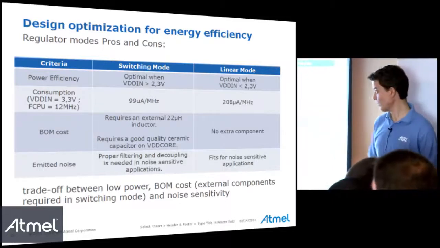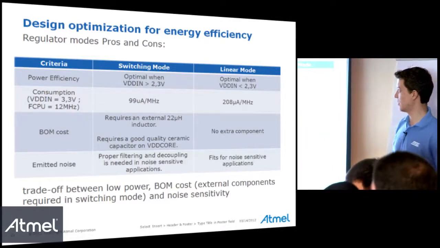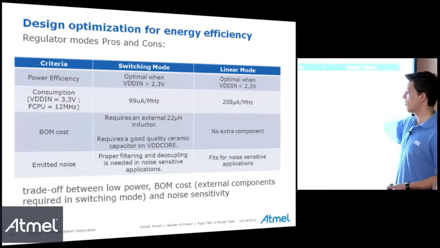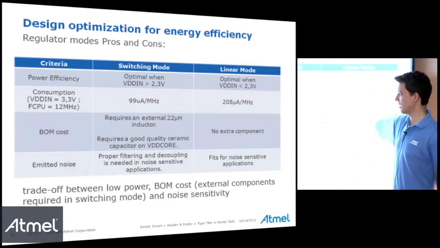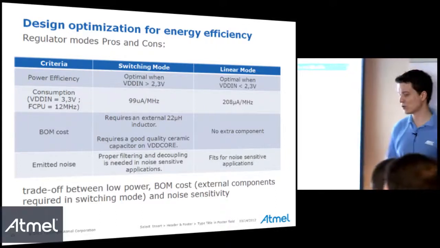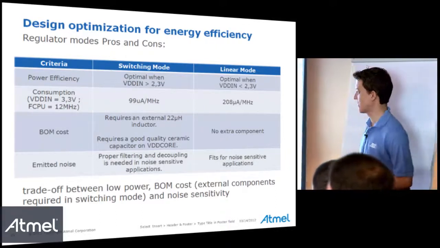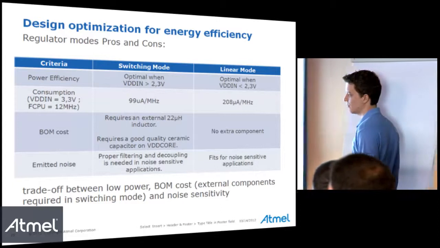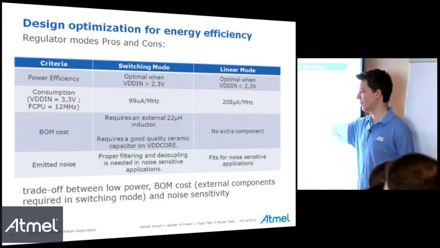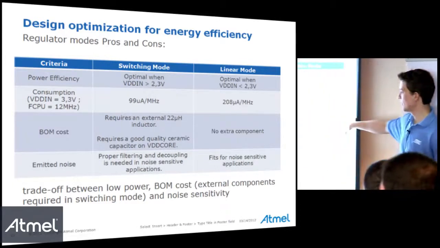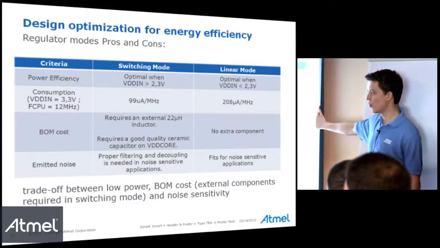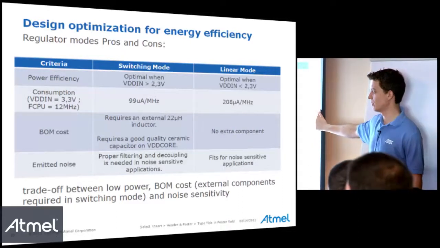In terms of bill of material, the switching mode requires more external components, an inductor, and you also need a good quality ceramic capacitor for decoupling on VDD core. In linear mode, there are no external components required.